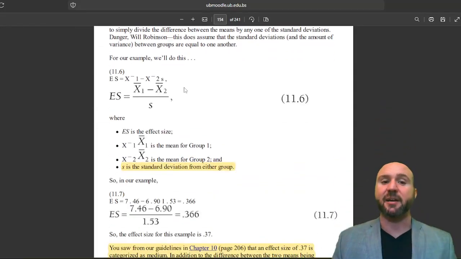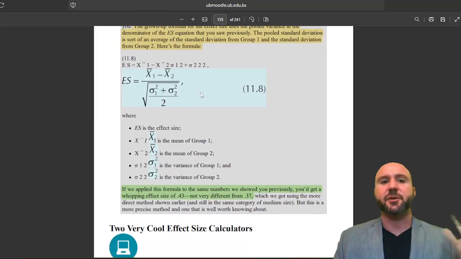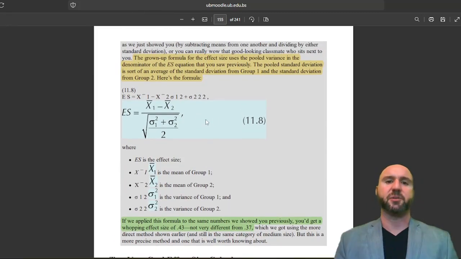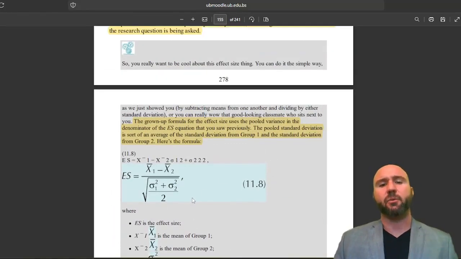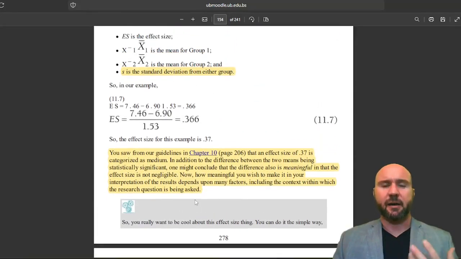But if you then said, oh, well, okay, yeah, I did use a more precise formula, and the effect size was not very different, okay, I'd be like, all right, fair enough. Or you can try to make the case that 0.43 is drastically different than 0.37. It's up to you. But just know that there are different ways to calculate different components of statistical analysis.